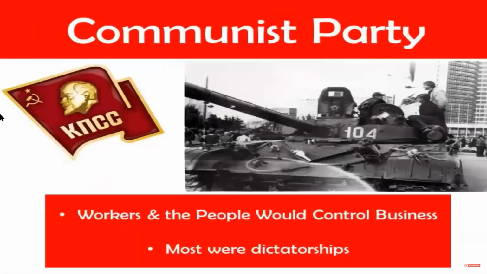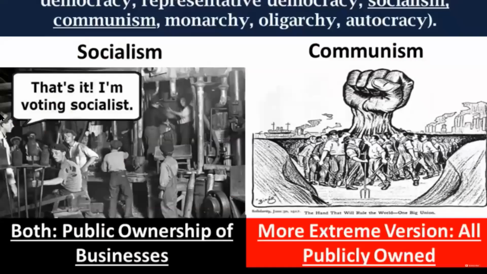The idea was everything would be shared, but it didn't really work out that way. If you have a test question about the rights of workers or the government controlling business, your answer is either socialism or communism, and just think of communism as being the more extreme version of the two.